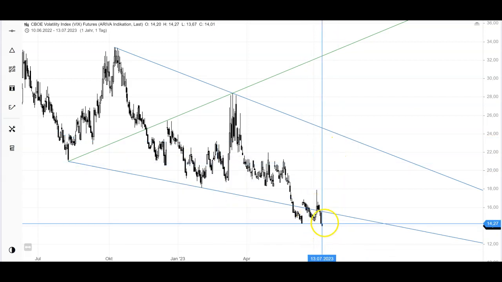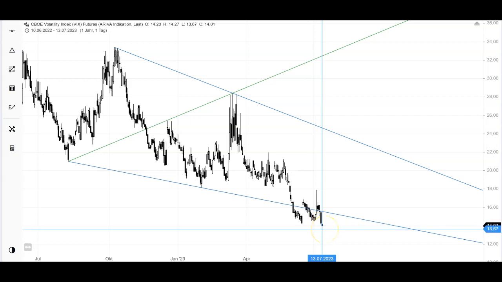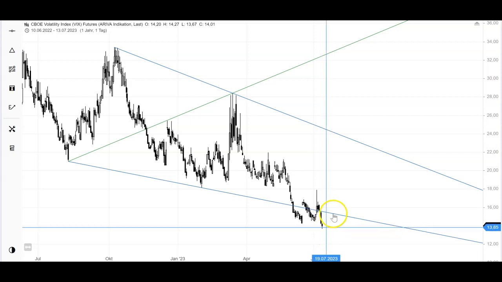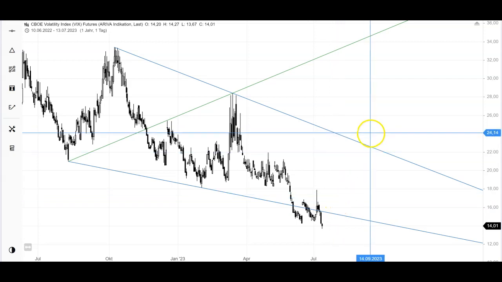And even what we usually like to look at is that we get that divergence between the VIX and the price levels at the S&P 500. So what does it mean? We like to look for a rising VIX into a rising S&P 500. And then usually the top isn't far away.